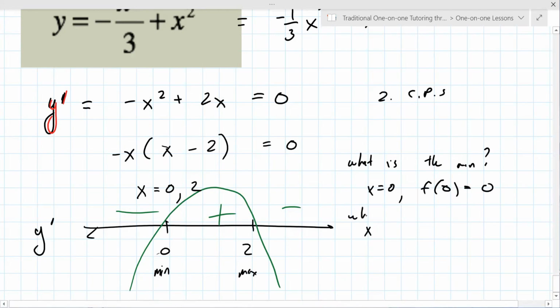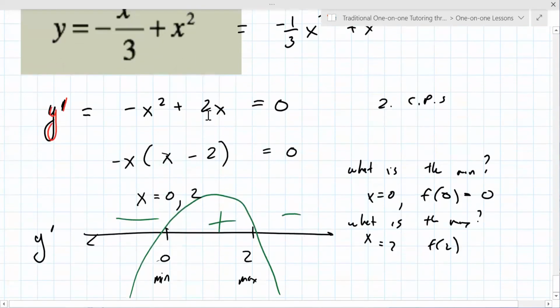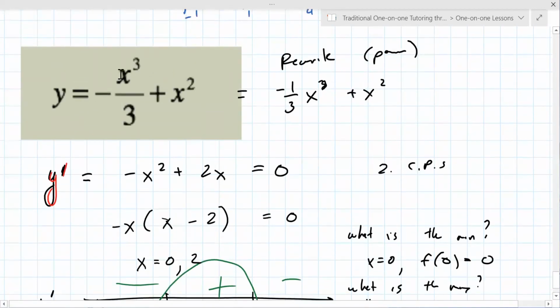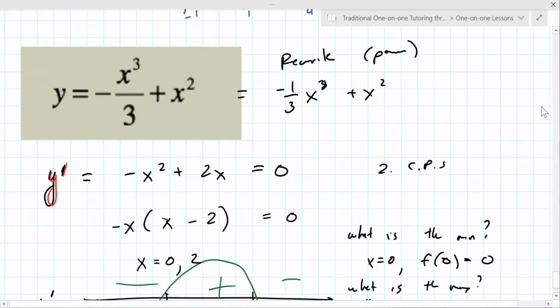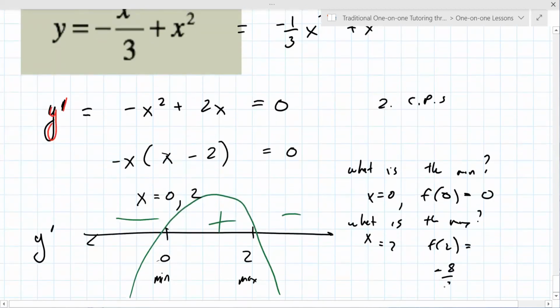But how about what is the max? You have to plug in 2. Yes, do that for me, please. Minus 2 squared plus 2 times 2, that's negative 4 plus 4, also 0. Yeah, you're plugging it back into the original. Oh wait, yeah. And f of 0 is still 0, so you got away with that one. But it's minus 2 cubed over 3, this is more complicated. 2 cubed is 8.